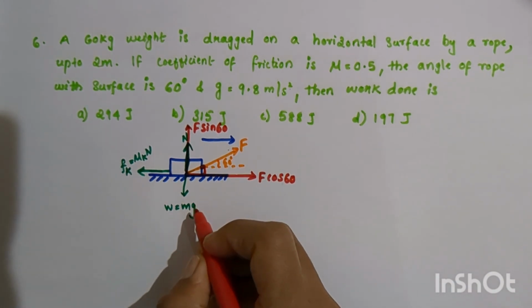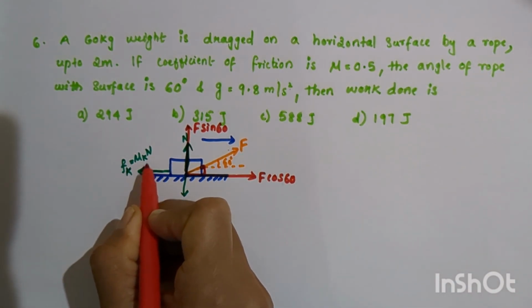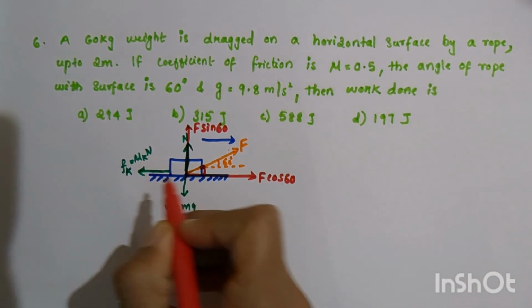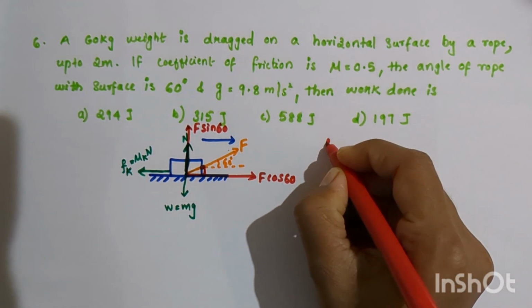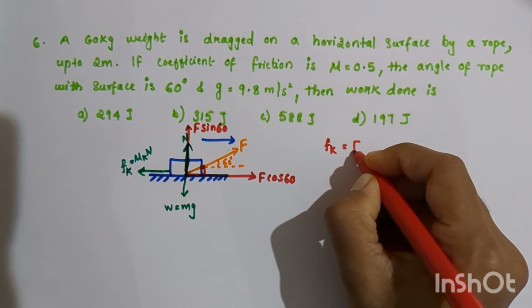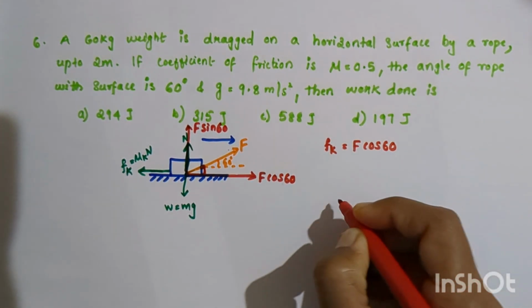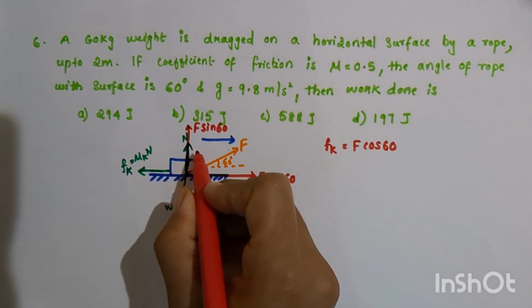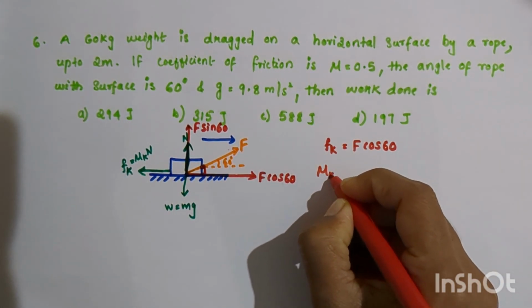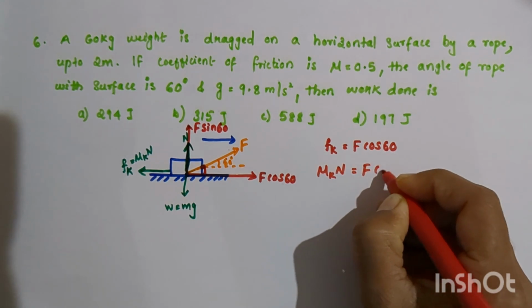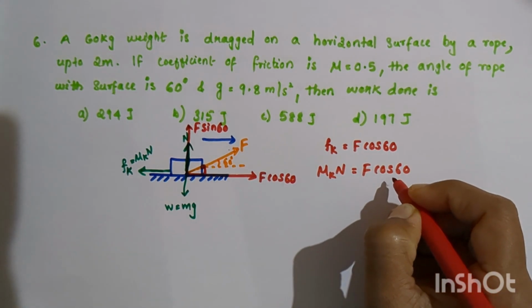Now in equilibrium we can write the force acting in the backward direction will be equal to the force acting in the forward direction. That is, Fk is equal to F cos 60. And this Fk is equal to mu k into N. So this is equal to F cos 60.